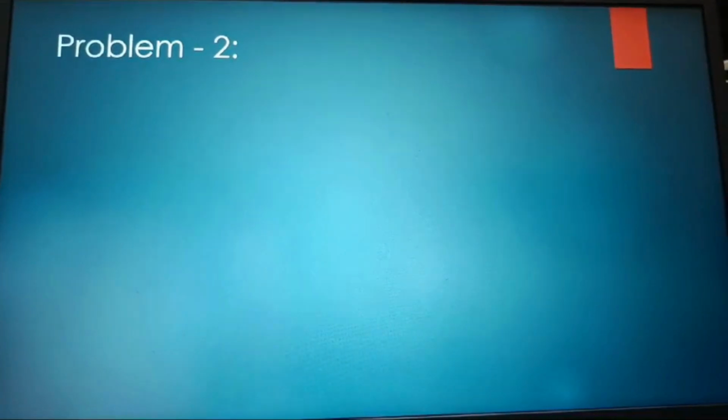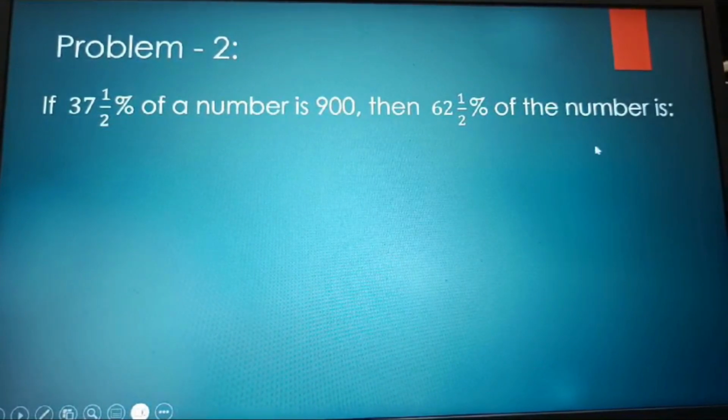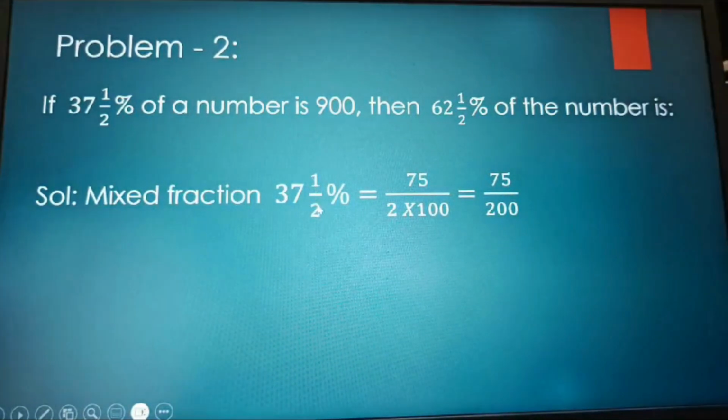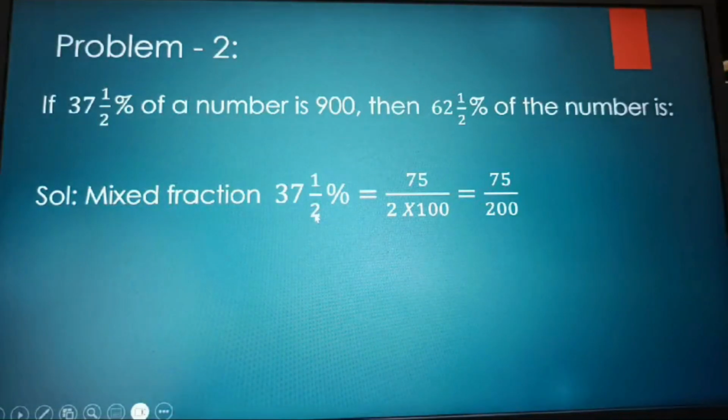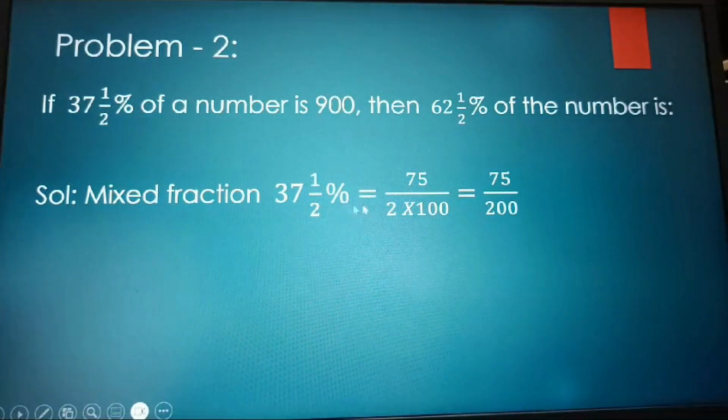The second problem: if 37.5% of a number is 900, then what is 62.5% of the number? So 37.5 can be expressed as 2 into 37 is 74, plus 1, 75, for percentage 1 by 100, so 2 into 100, 200.